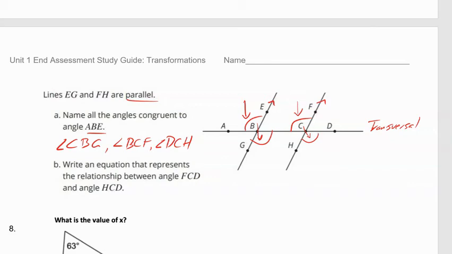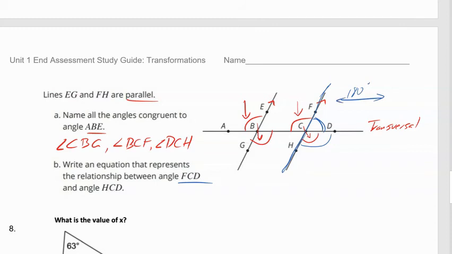So let me use blue here. Angle FCD, which is this angle right here, and angle HCD. HCD is the red one right below it, this one right here. Now, do you agree that they both share this line? And lines are 180 degrees, correct?